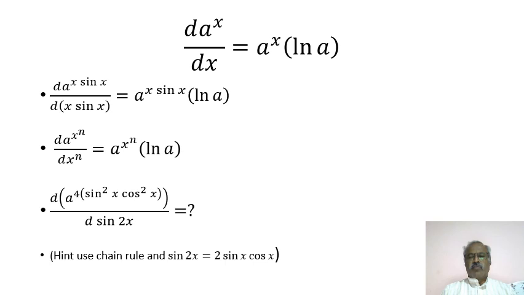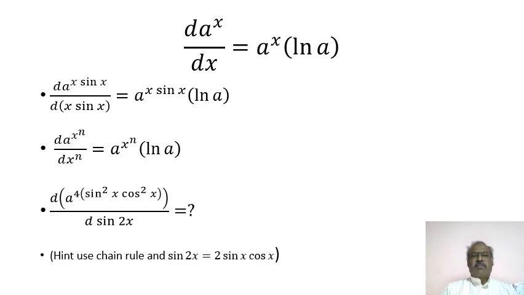So you are taking the square of sine 2x or the cube of sine 2x. We have adopted that to bring in a variation to the problem, using the chain rule of derivatives and the fact that sine of 2x can be expressed as 2 times sine x cos x.